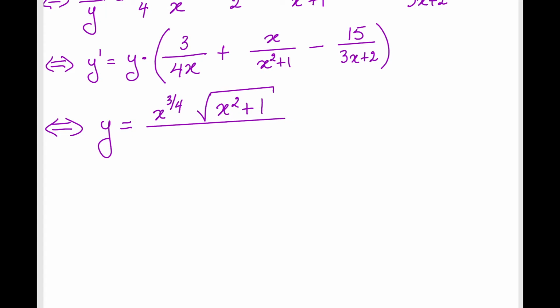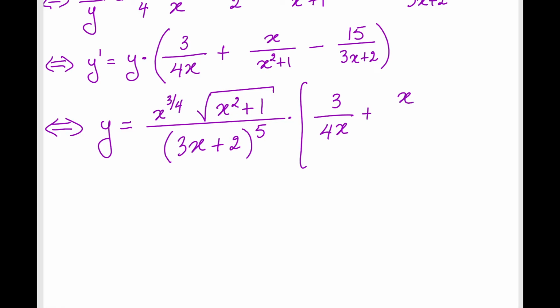That's the y guy. 3x plus 2 to power 5 times 3 over 4x plus x over x squared plus 1 minus 15 over 3x plus 2. Okay, so this is what, y prime, I forgot to write y prime. So this is what y prime is.